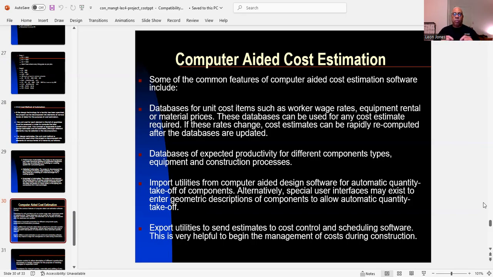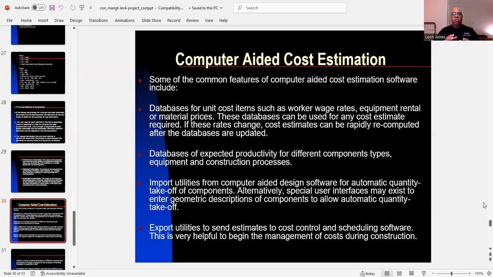So again, some of the common features of computer aided cost estimation software include databases for unit cost items such as worker wage rates, equipment rental, or material prices. Now, these databases can be used for any cost estimate required. So if the rates change, cost estimates can be rapidly recomputed after the databases are updated.